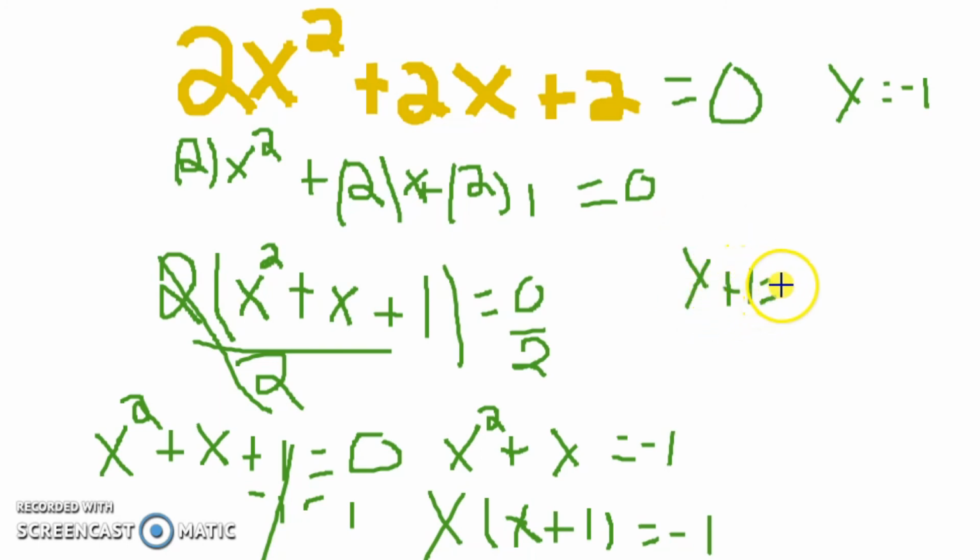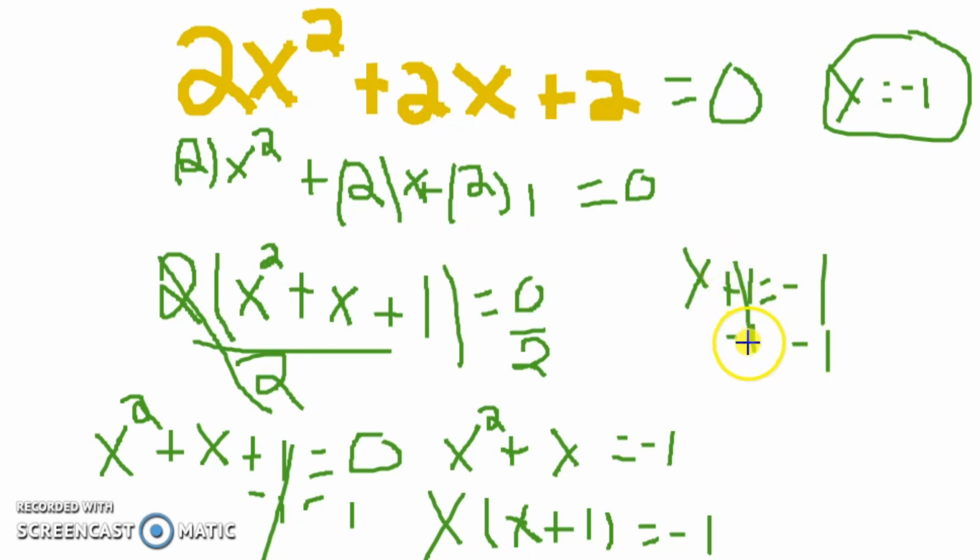That's one of our solutions. And then we're just going to finish solving this one. So we're going to subtract the 1 from both sides. These ones cancel, and we're left with x equals negative 2, because negative 1 minus 1 is negative 2. And that is our second answer. And that's going to conclude our lesson on how to solve equations.